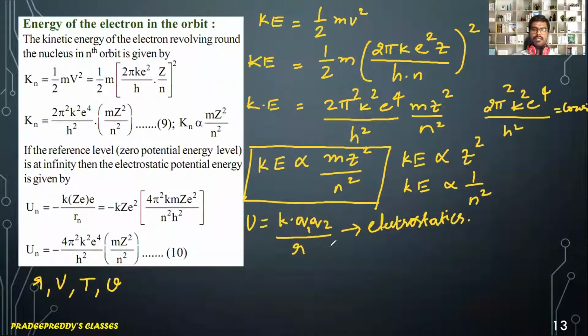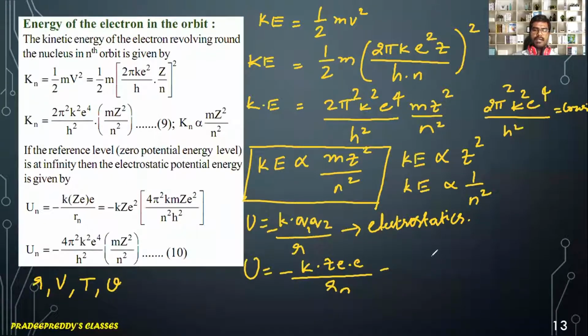I'll substitute all the values here, and the radius of Bohr's orbit in this expression. So potential energy will be, of course, negative: minus K into Z E into E divided by the radius of Bohr's orbit.